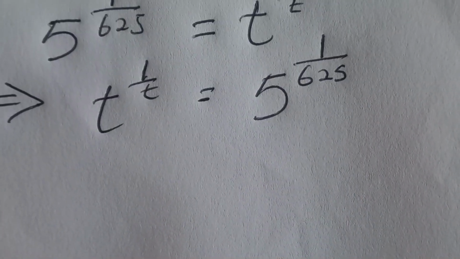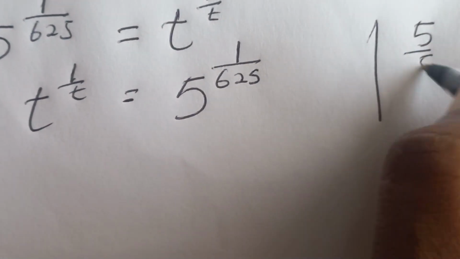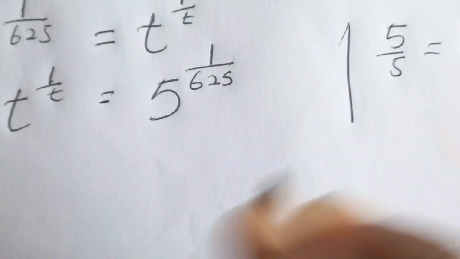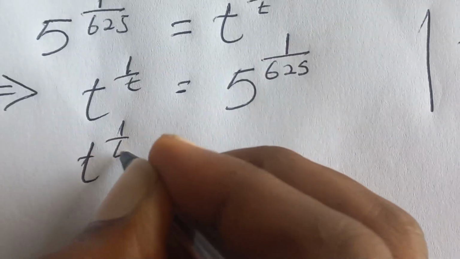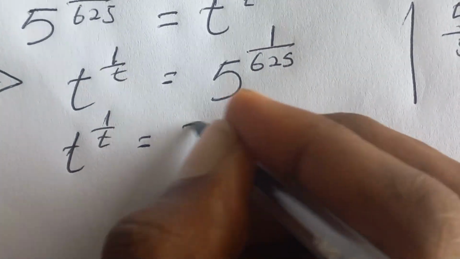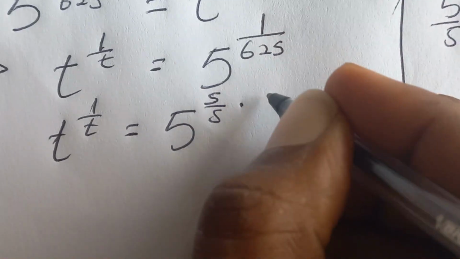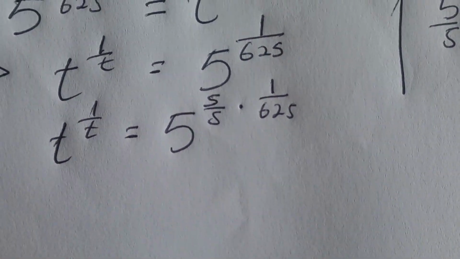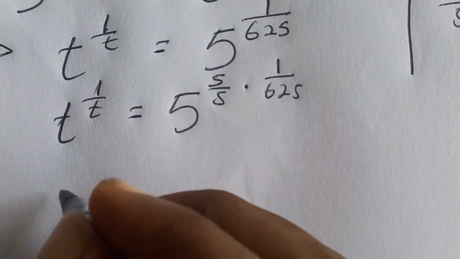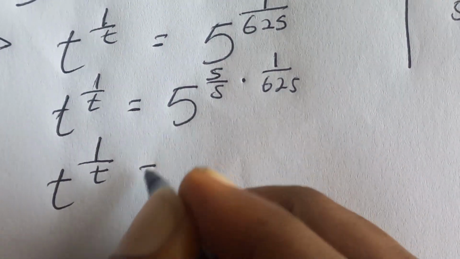Okay, now we know that 5 over 5 will be the same as 1. So we are going to express t exponent 1 over t as equal to 5 exponent 5 over 5 multiplied by 1 over 625. So we are going to get t exponent 1 over t is equal to this one.